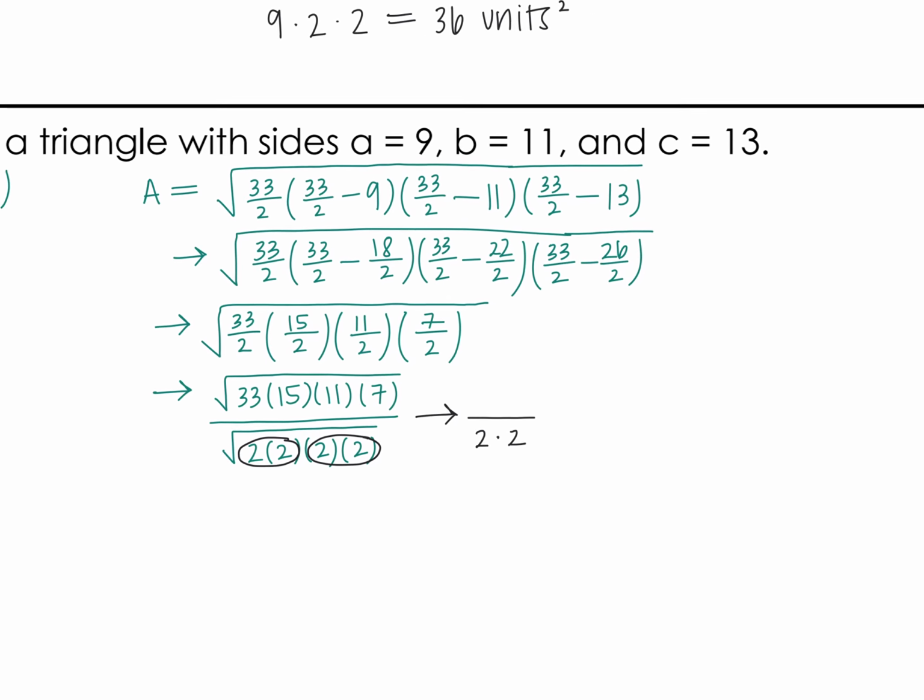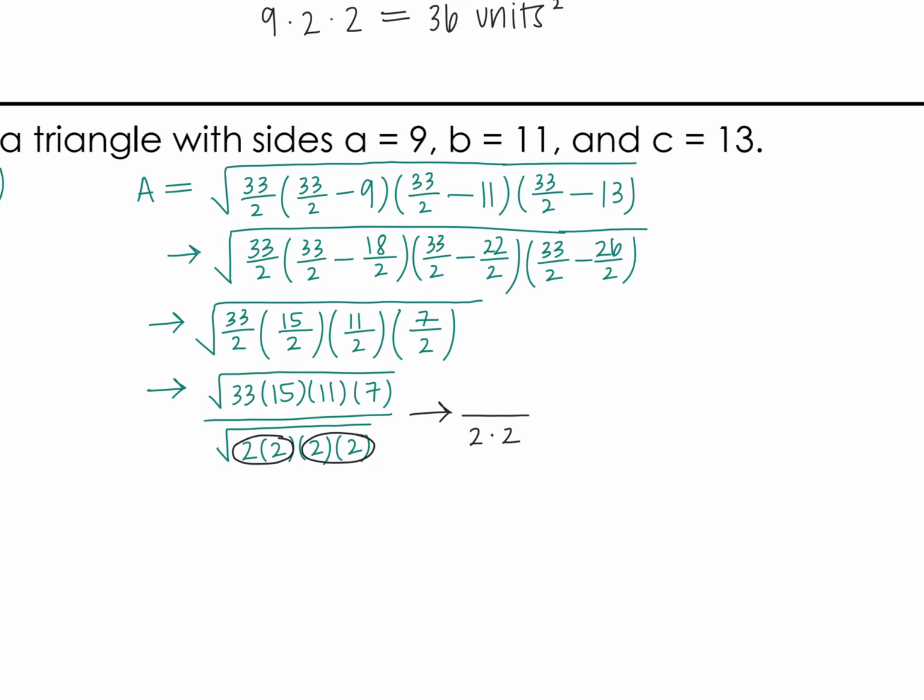So this is where I'm going to do a little bit of scratch work off to the side here. We'll have that square root of, we had that 33 times 15 times 11 times 7. All right, so my factors for 33 are going to be 3 times 11. And that's going to give me here a pair.